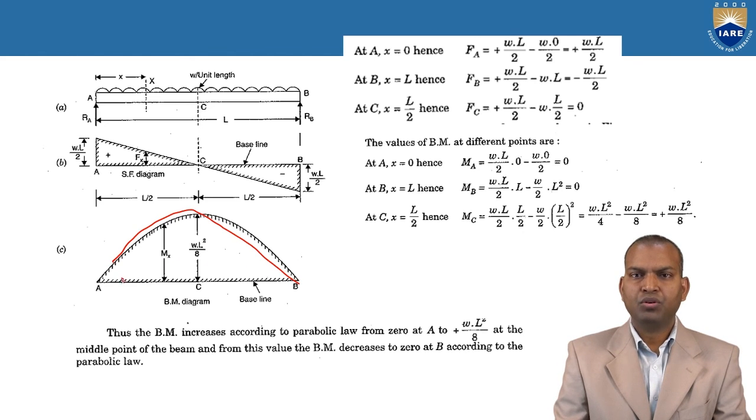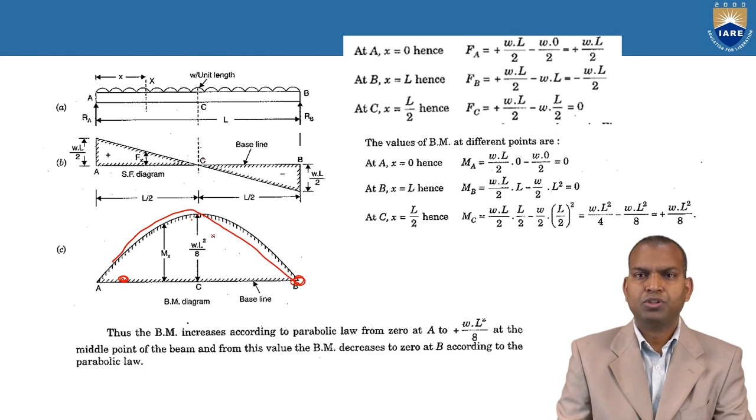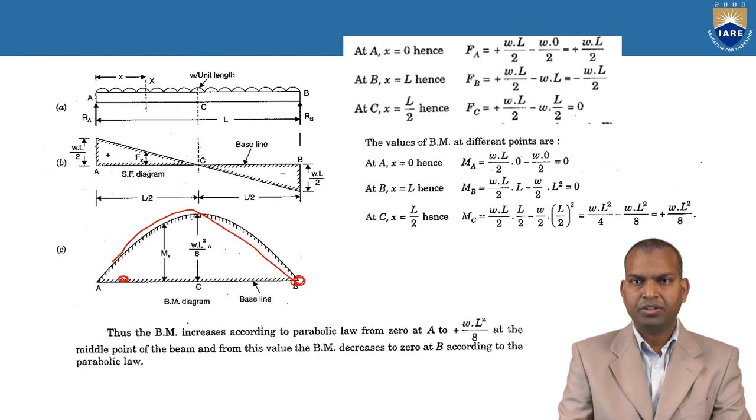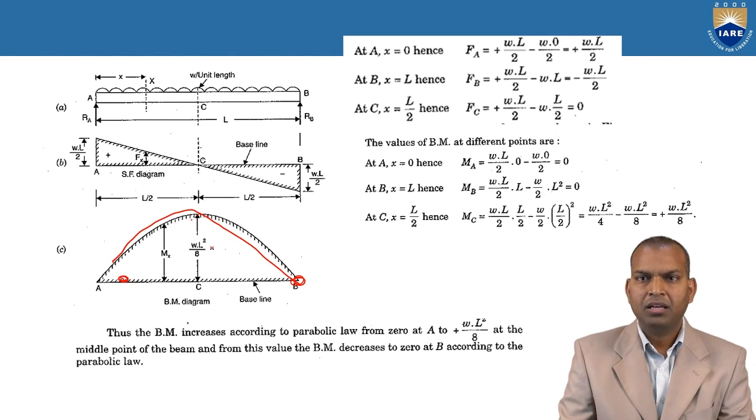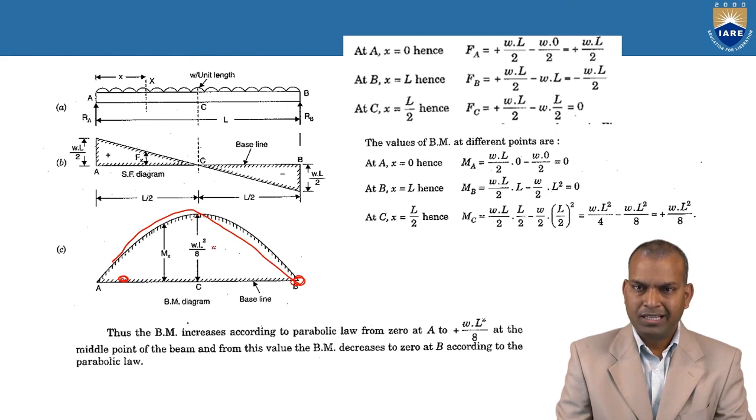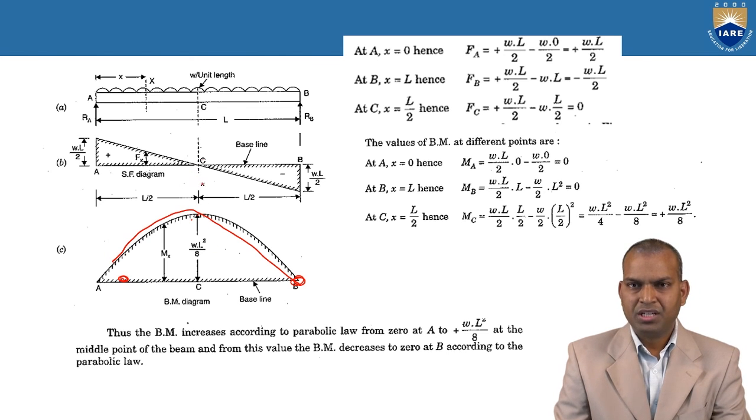The bending moment is 0 at point A and at point B, but it is maximum at the midpoint. Now, if we compare both the shear force and bending moment diagrams, there are very important points we can interpret. What is the interpretation? At point C, shear force is 0. But at point C, what is the bending moment?